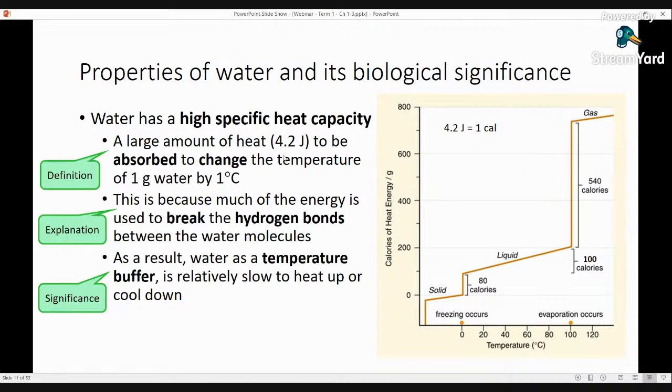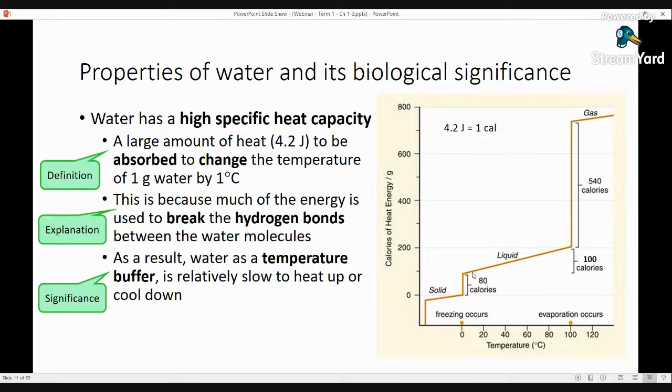Then why does water have a high specific heat capacity? This is because much of the energy is used to break the hydrogen bonds formed between the water molecules. Therefore, as a temperature buffer, water is relatively slow to heat up or cool down.